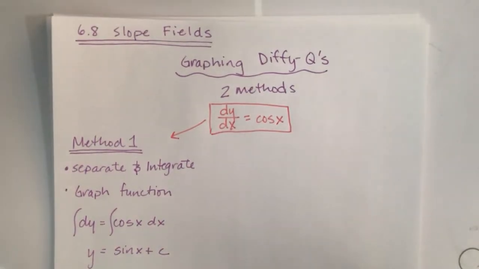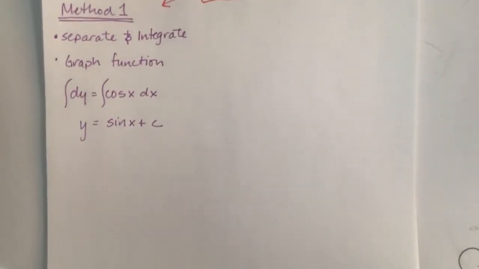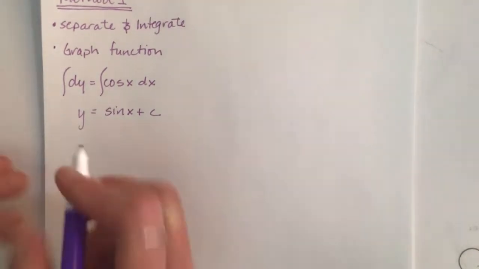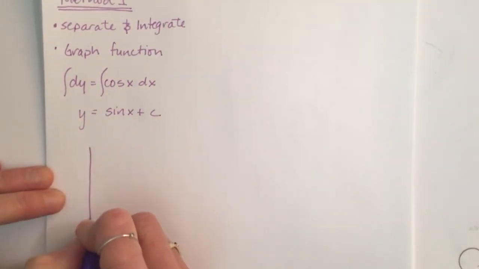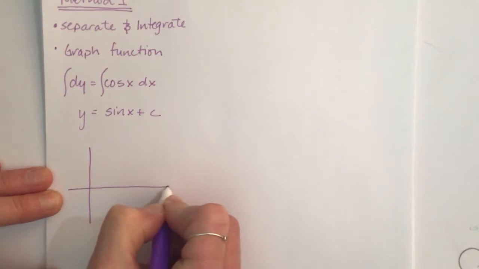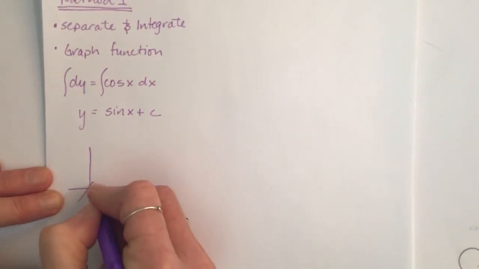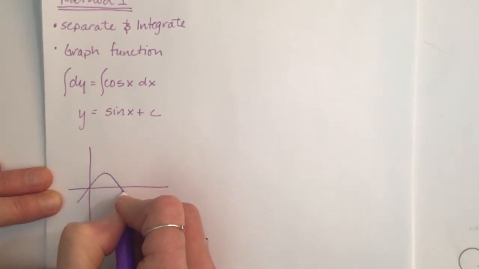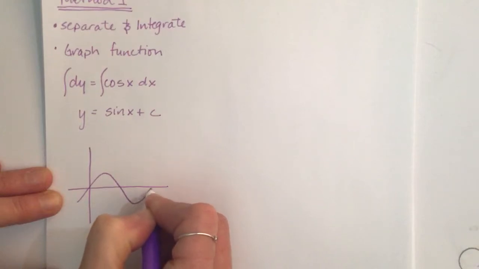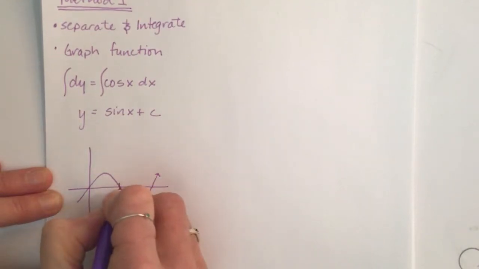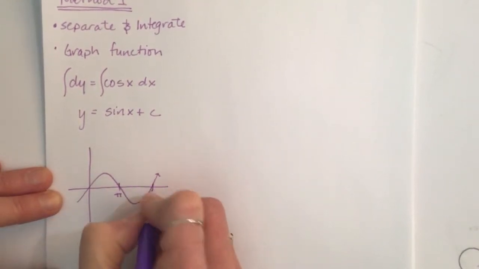And we know what that looks like, right? To graph that, that's pretty darn easy, right? We know sine comes up, it comes back down, it goes back up, right? So this is that pi and 2 pi.